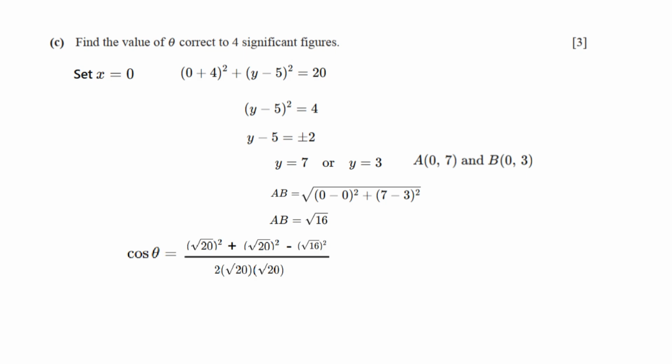Simplifying this gives 3 over 5. So theta is equal to cos inverse of 3 over 5. So theta is 0.9273 after correcting to 4 significant figures.